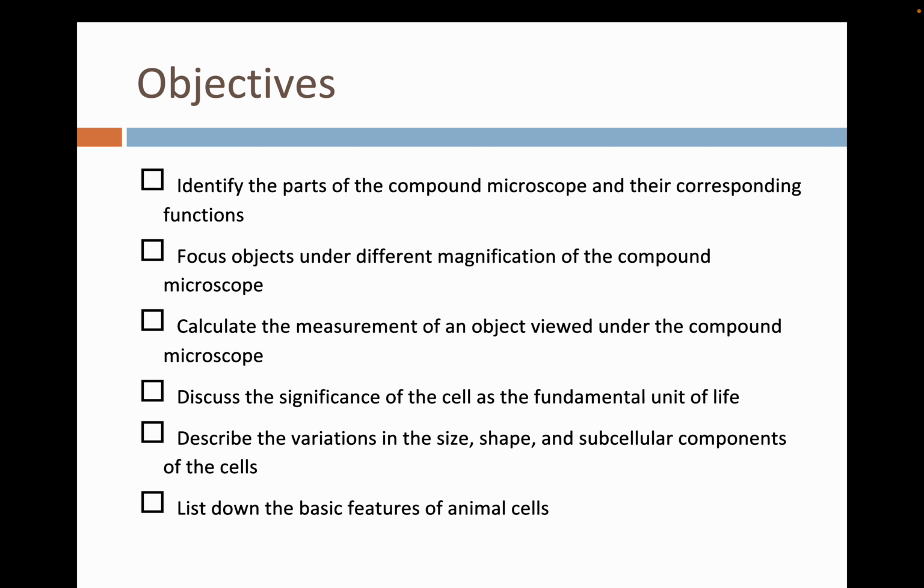Second objective is for you to describe the variations in terms of size, shape, and subcellular components of cells. And lastly, be able to list down the basic features of animal cells, as you will be able to see later on in your laboratory proper.